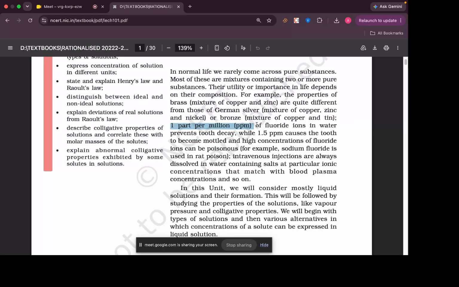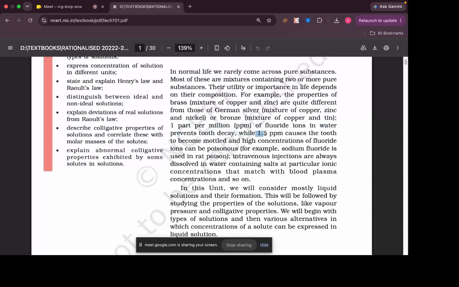Again, very simple. In 1 million, if you take 1 part, it is 1 part per million. Fluoride ions in water prevent tooth decay. Please remember, of what? Fluoride. In which water? What is it preventing? Tooth decay. So very easy. Who is using this? Dentists are using this. Very simple.